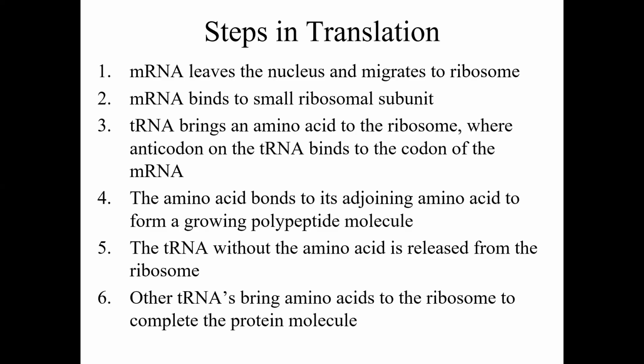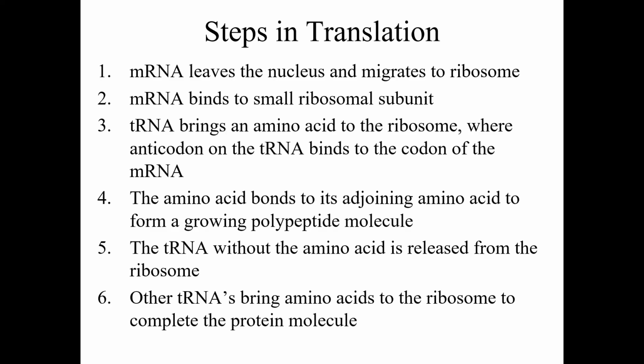Then transfer RNA brings amino acid to the ribosomes, where the anticodon on the transfer RNA binds to the codon of the messenger RNA. And the amino acid bonds to the adjoining amino acid to form a growing polypeptide molecule, similar to the structure that we just saw.